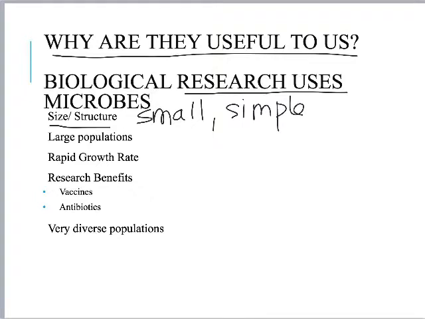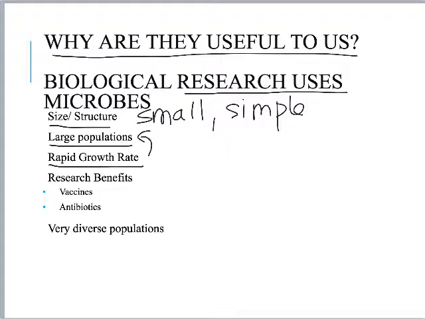They're not complex like a human or a dog or a cat. There's just one cell, so it's really easy to grow a large population really fast.